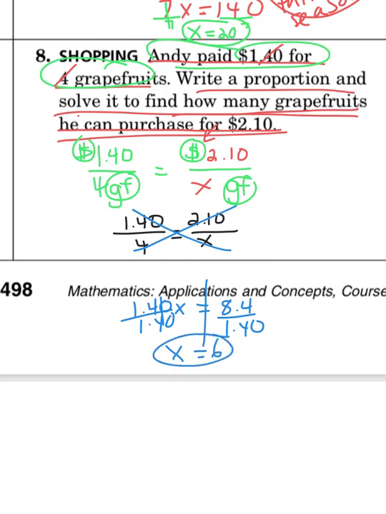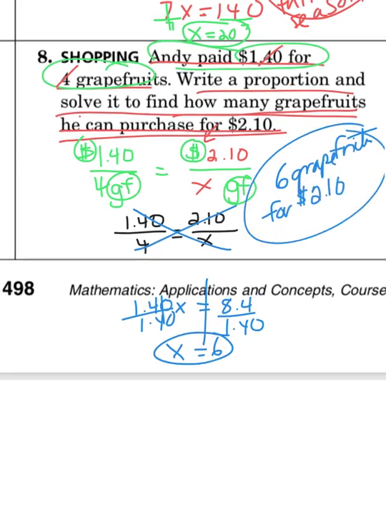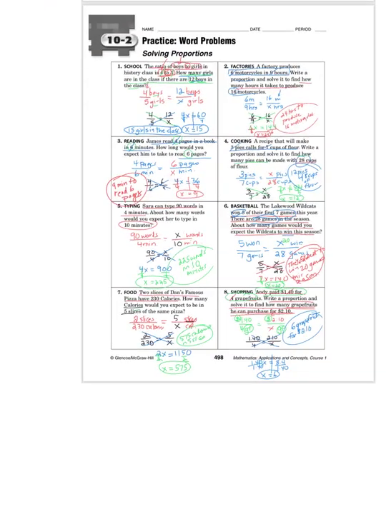Wow, that's an easy answer. What does that 6 mean? Write a proportion to solve how many grapefruits. So that would be 6 grapefruits. Now I have to write it out because it's a word problem and it's my final answer. 6 grapefruits for $2.10. Right there. All right, so that's the end of all that work.